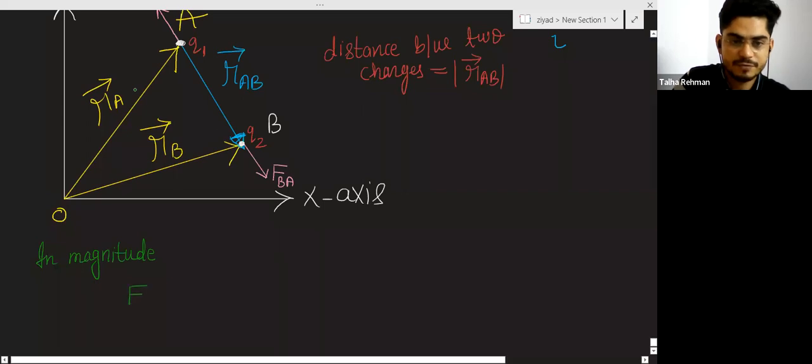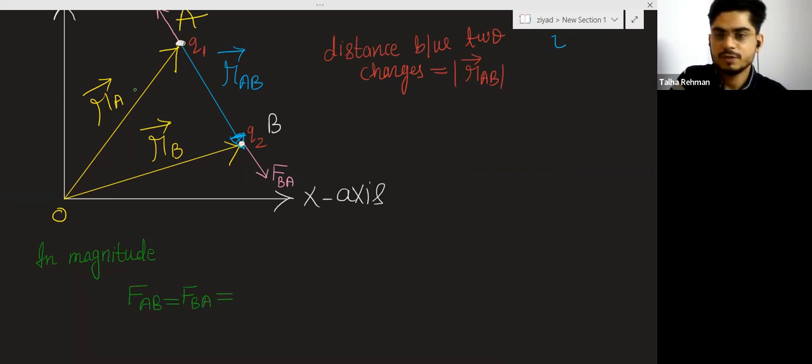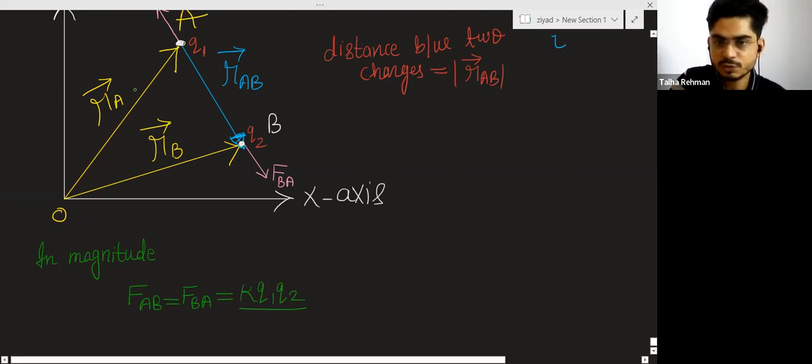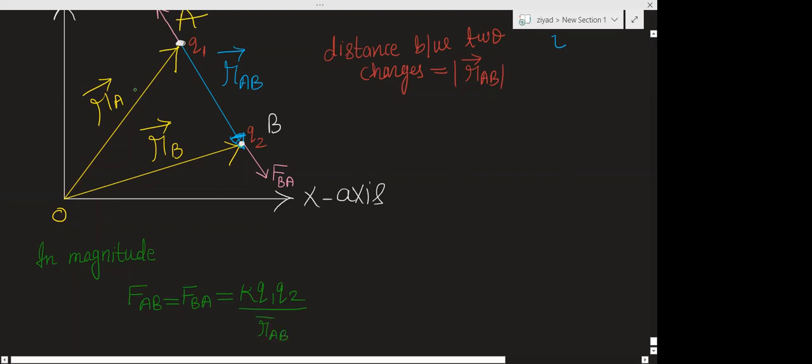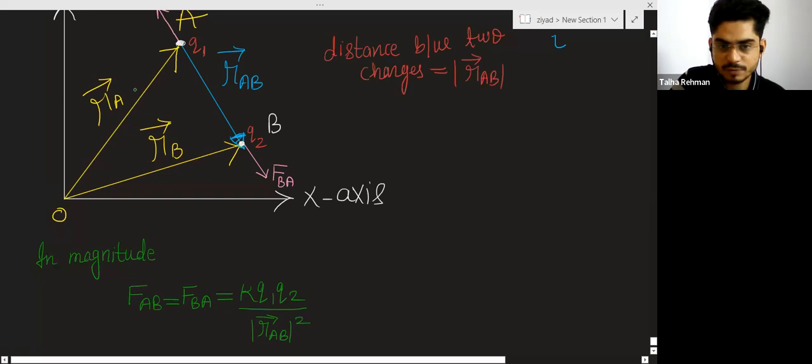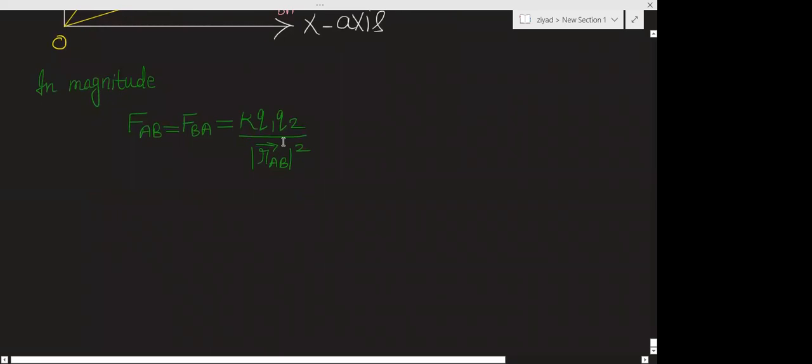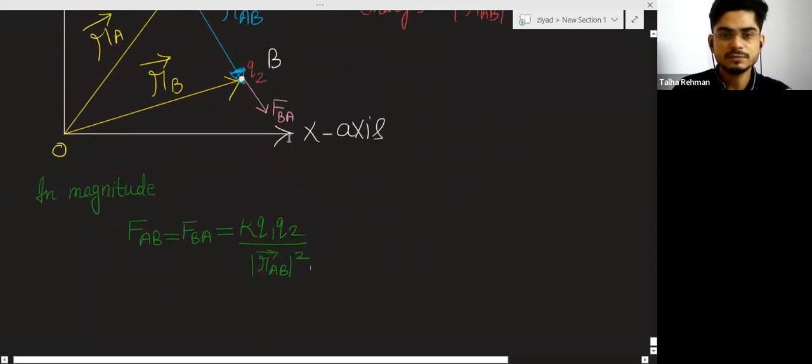Both forces, FAB is equal to FBA, and that is equal to the force between the two charges separated by this distance, which will be K Q1 Q2 divided by the distance between the two charges, this time RAB, the modulus of the vector RAB, squared. Fine. Is it clear now?